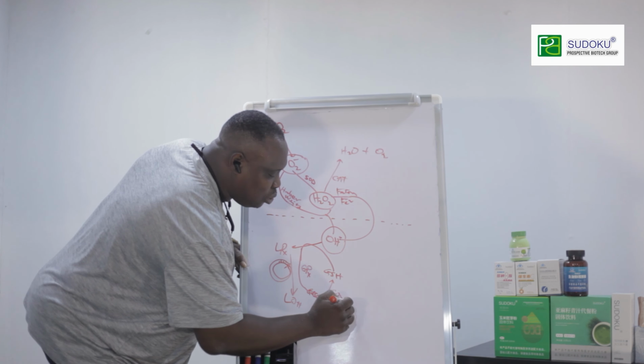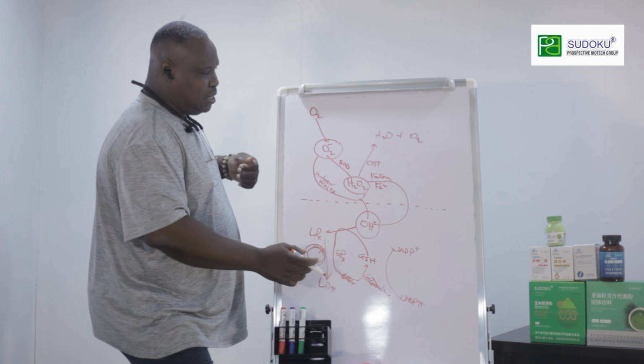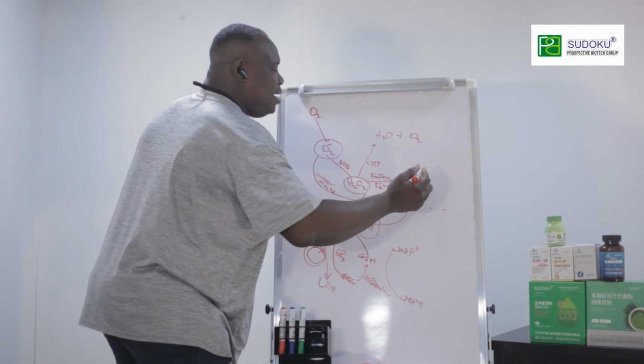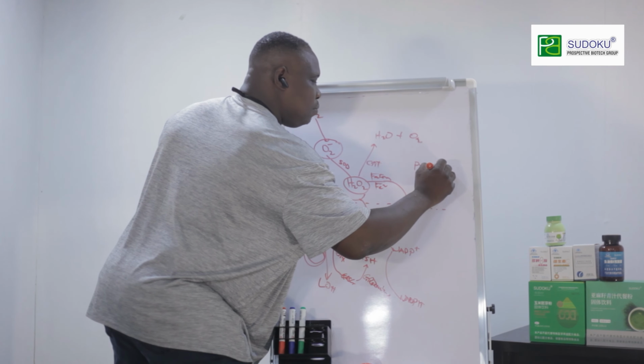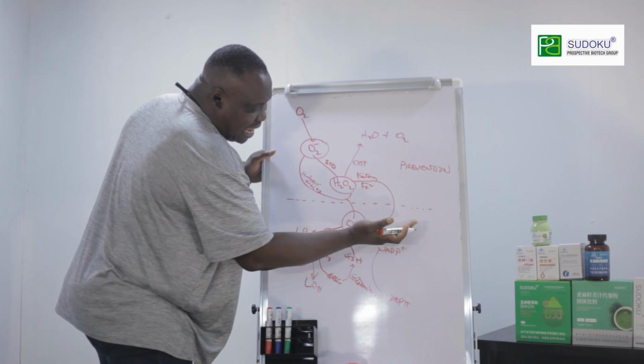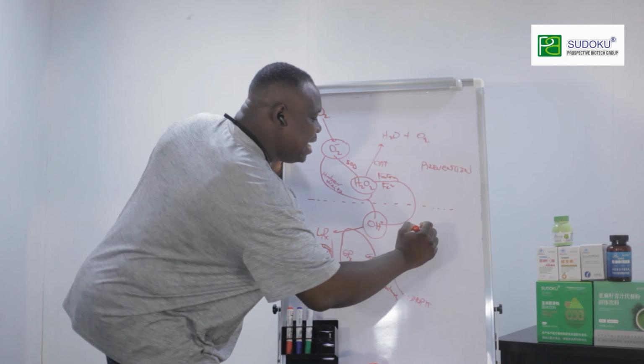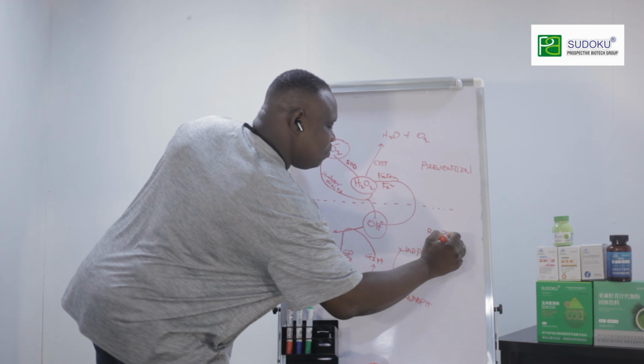Now if you look carefully at what we have drawn here, you will discover that this entire thing can be looked at from two ends or from two spaces. What is happening up here is essentially prevention, and what is happening down here is essentially repair.